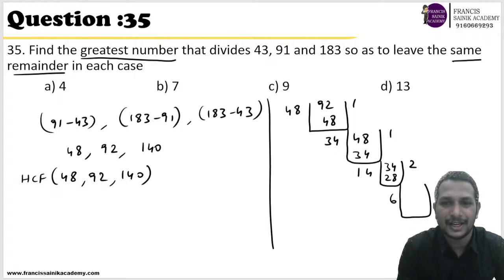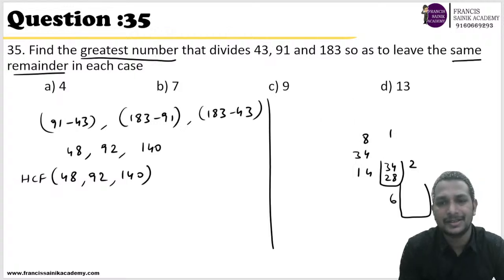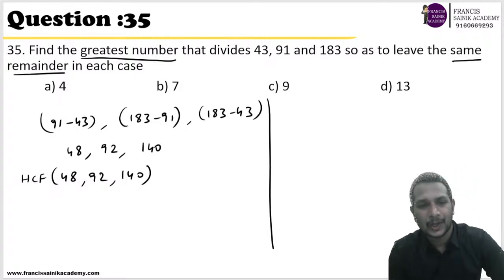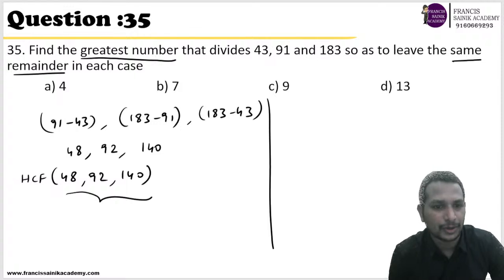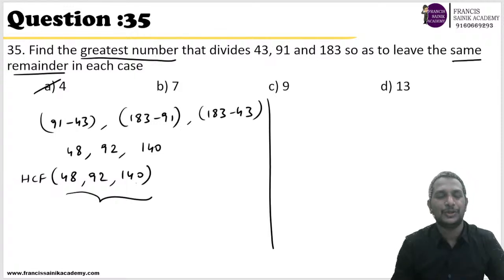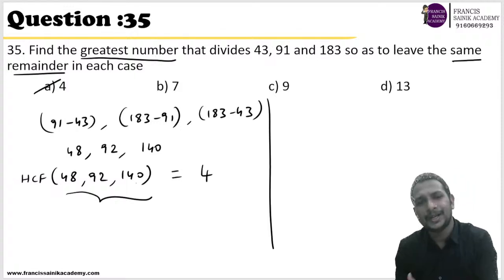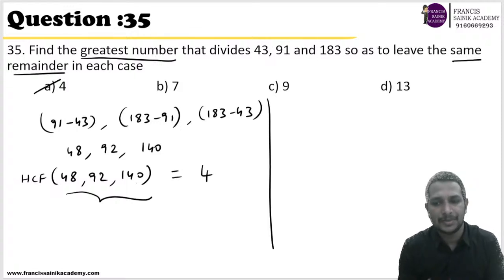Instead of that, the options method also works, checking which option divides all the numbers. The other three are not even dividing them. It is time taking, but the one which divides all is your answer.